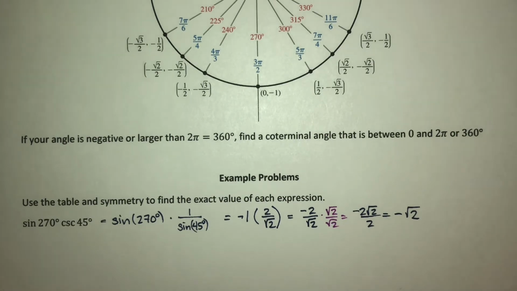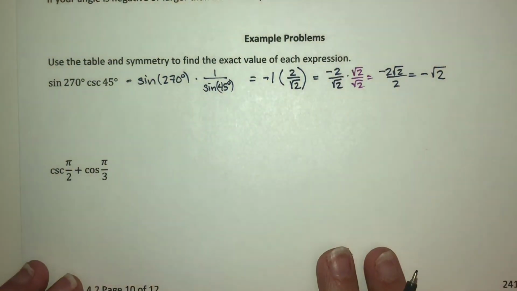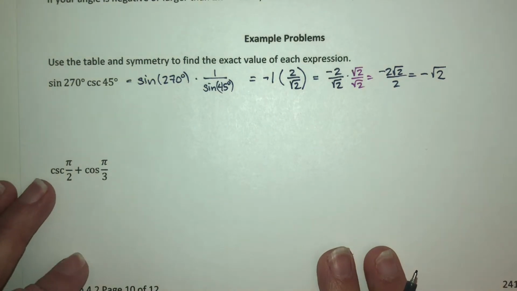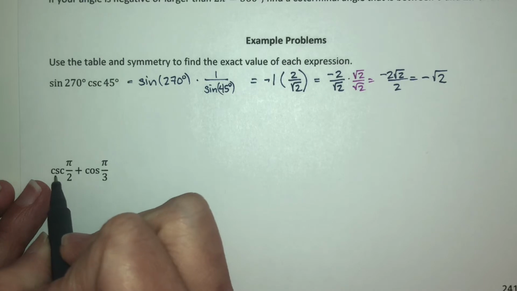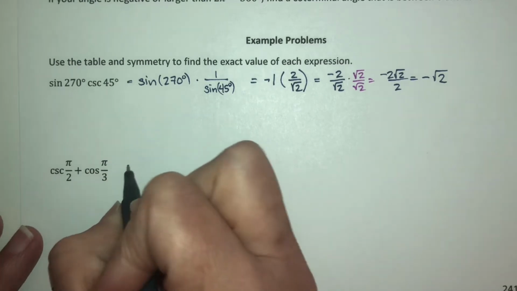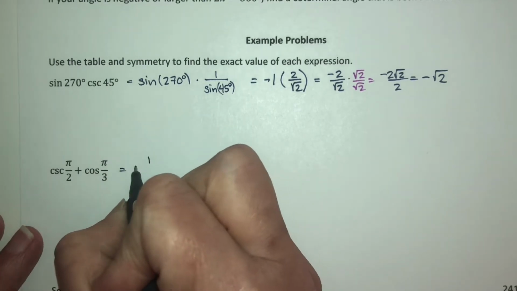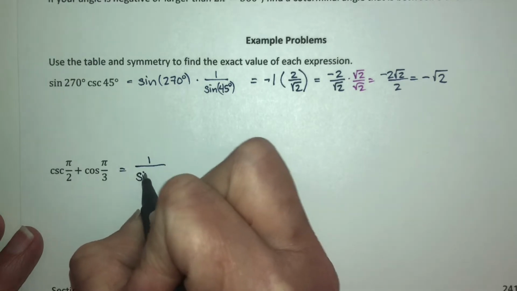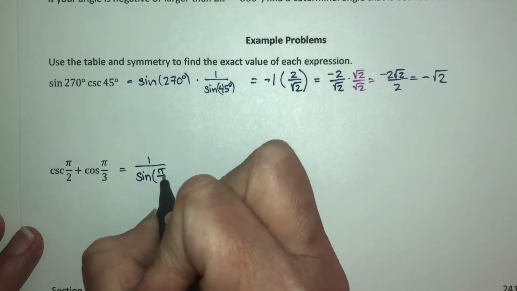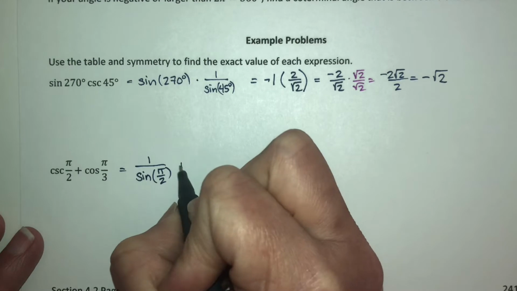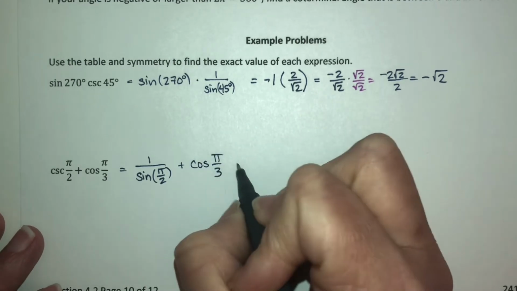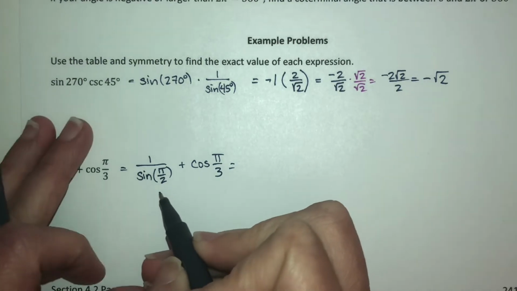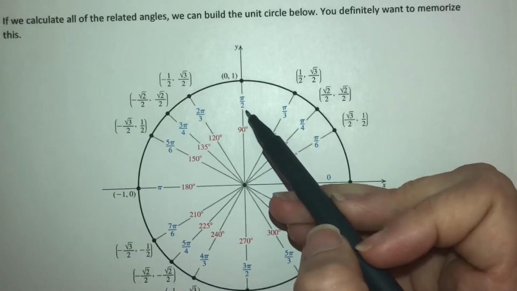Okay. So now let's do cosecant of pi over 2 plus cosine of pi over 3. Remember, cosecant goes with sine, so this would be 1 over sine of pi over 2 plus cosine of pi over 3. What is sine of pi over 2? Pi over 2 is here.